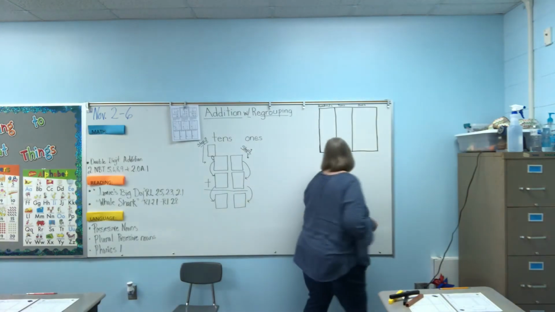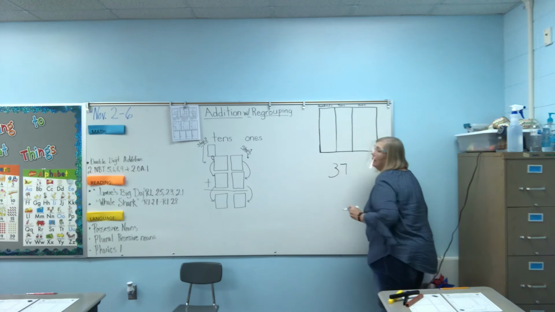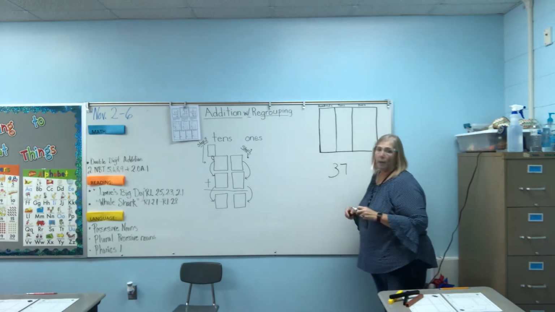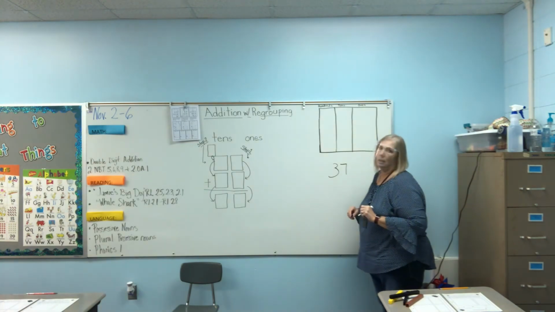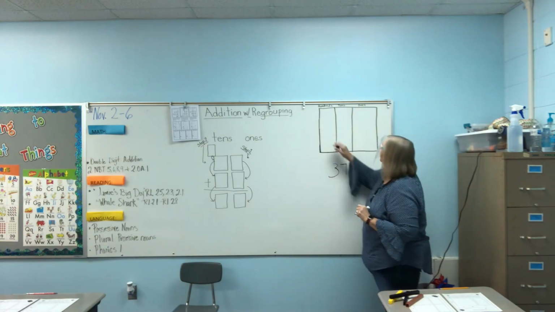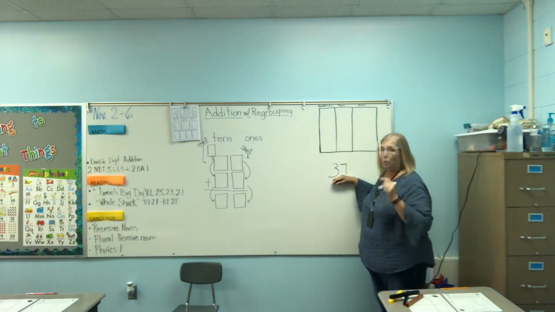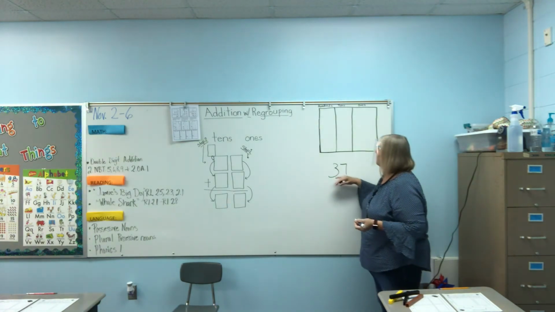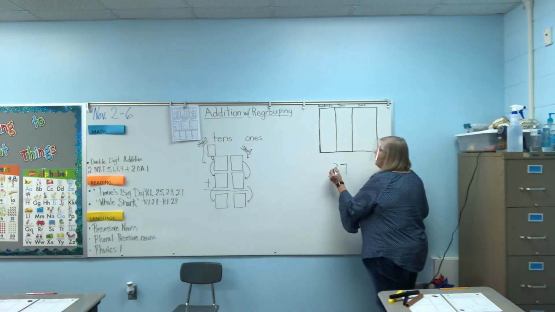The first number we're going to do is 37. Get your whiteboard and your dry erase marker out and write that down for me. 37. Now, look on my chart. The number 37 has two numbers. It is made up of 3 parts of 10.